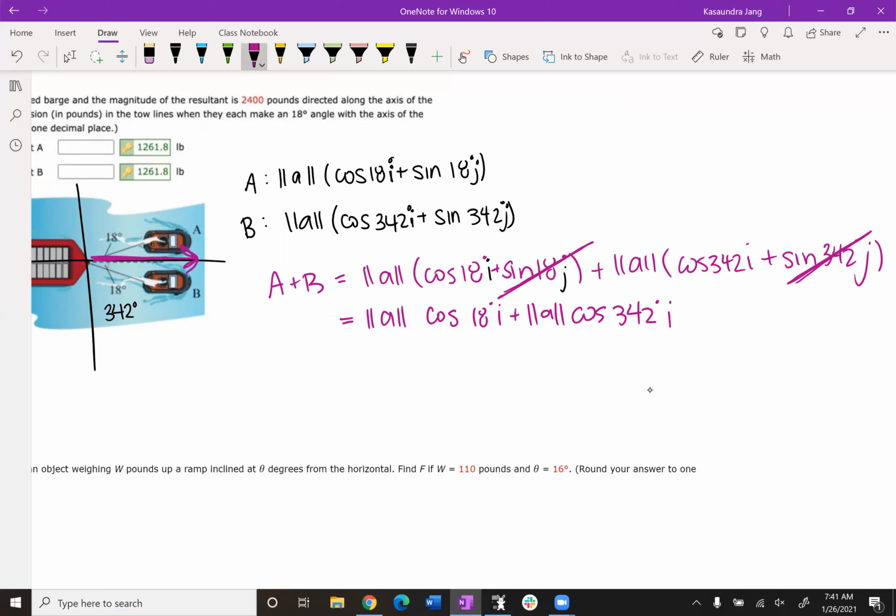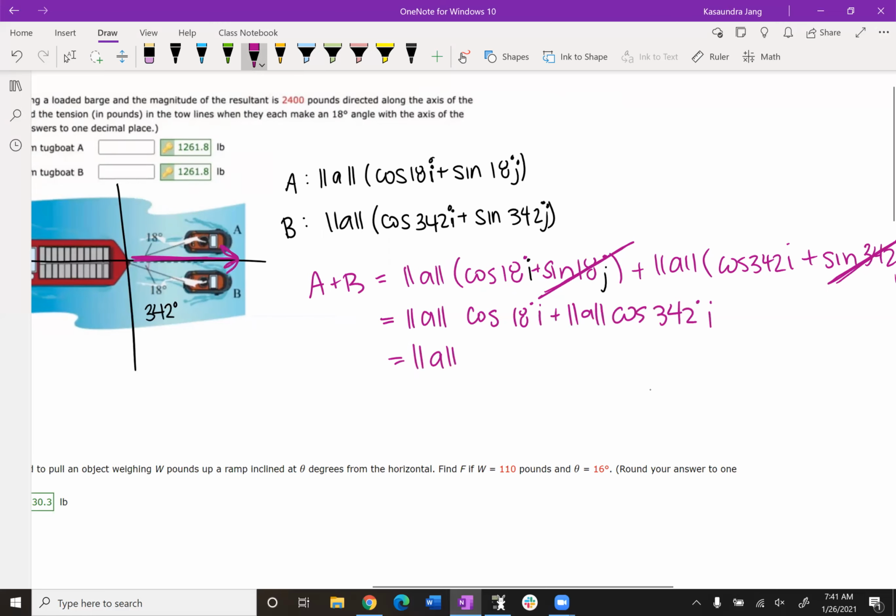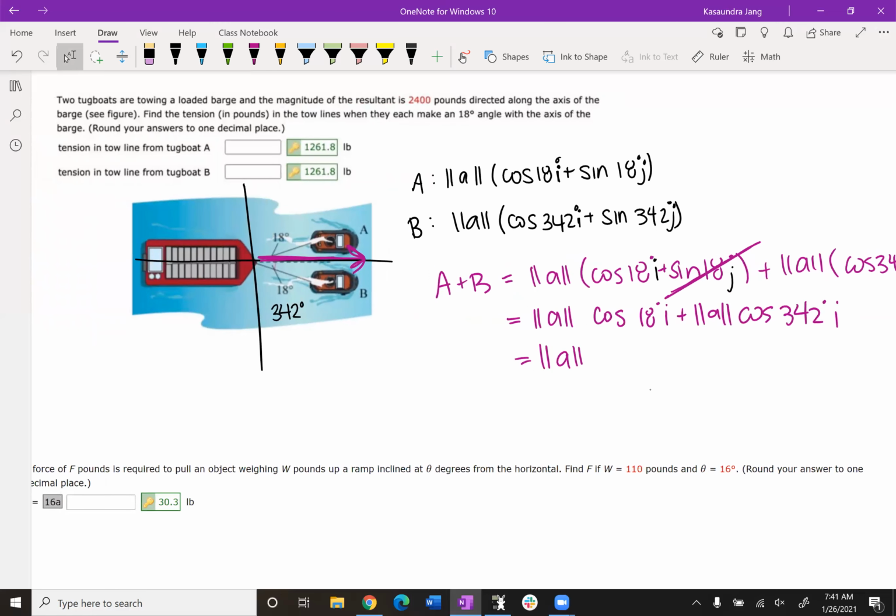All right, which if I factor out the magnitude here, which is what I'm trying to find. So yeah, find the tension in pounds. I'm finding the magnitude essentially. Let's figure out what this is. In fact, the fact that it's i just means I'm going horizontally, so I'm not too worried about that.